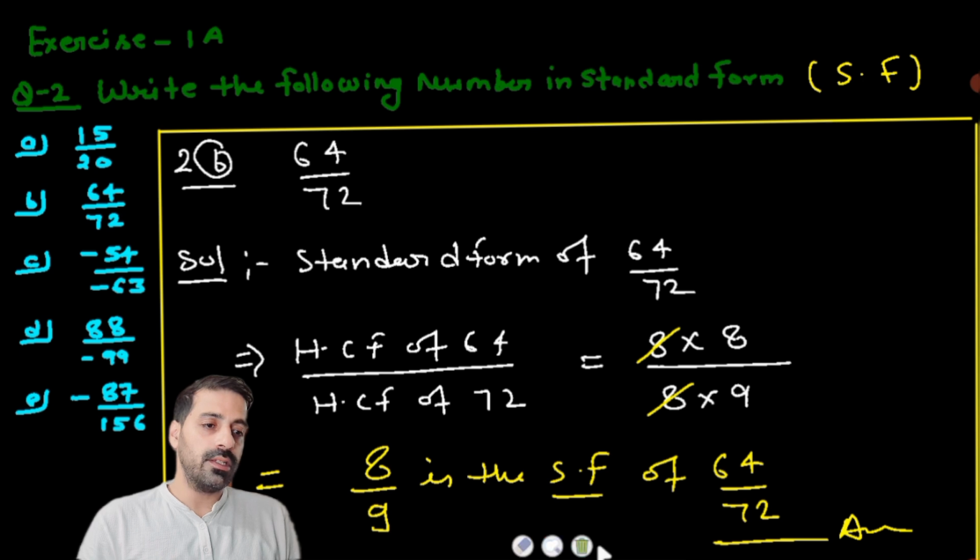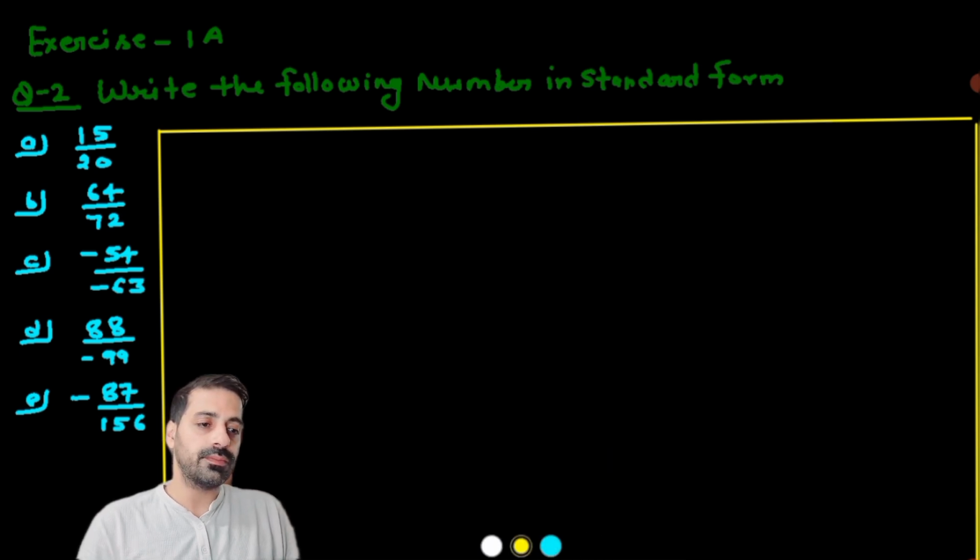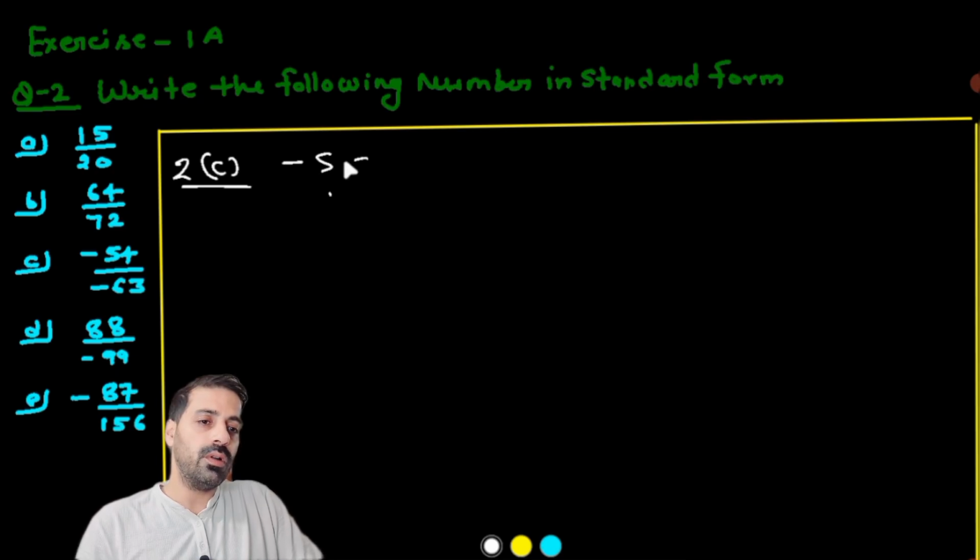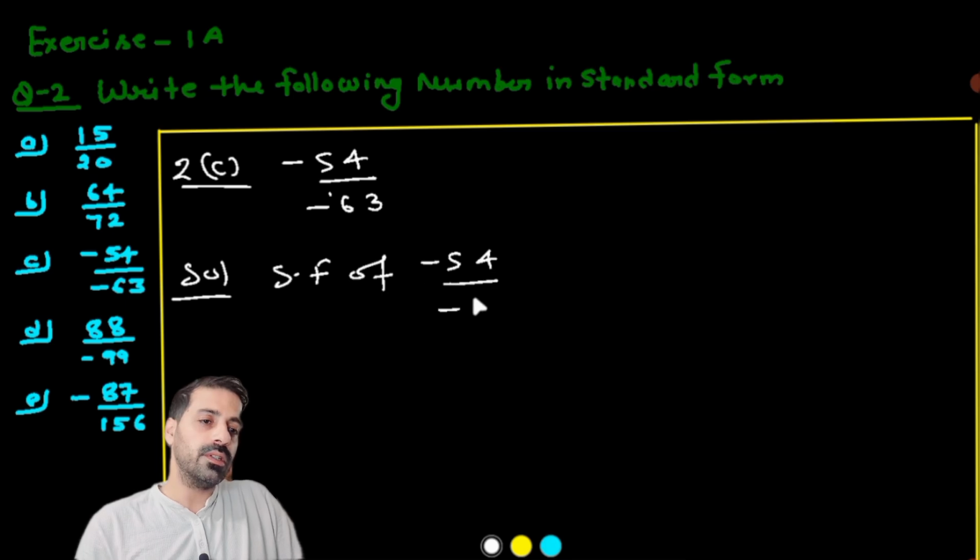Now move to the next part of this question. Part C of the second question is given here, negative 54 upon negative 63. So in a direct manner I can find the standard form of negative 54 upon negative 63.